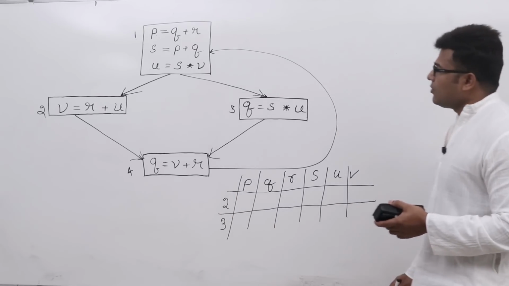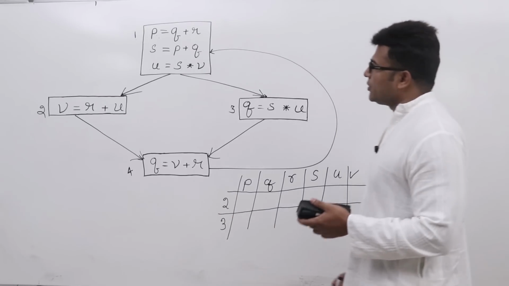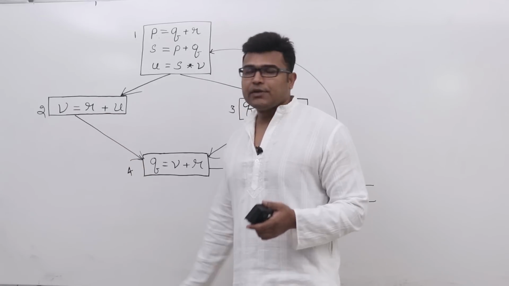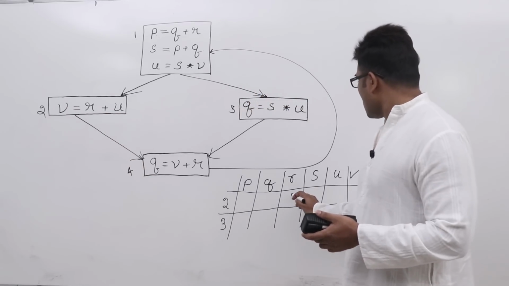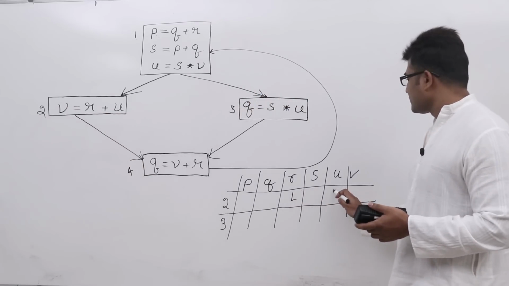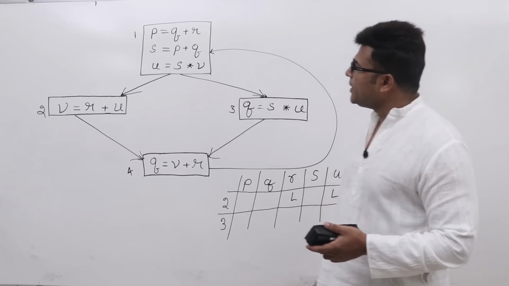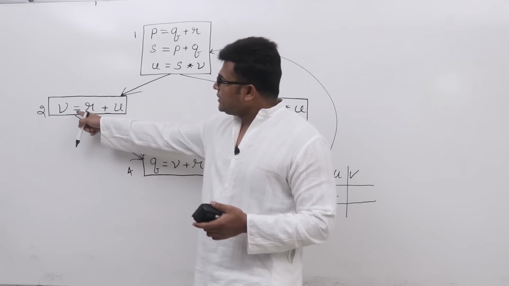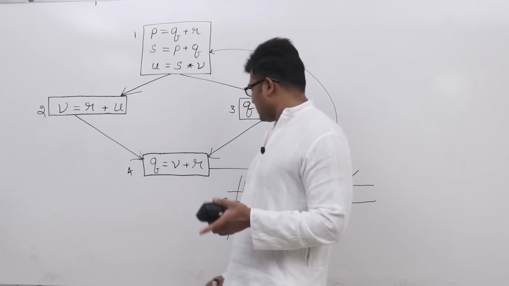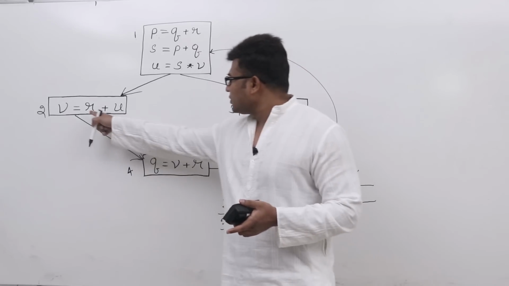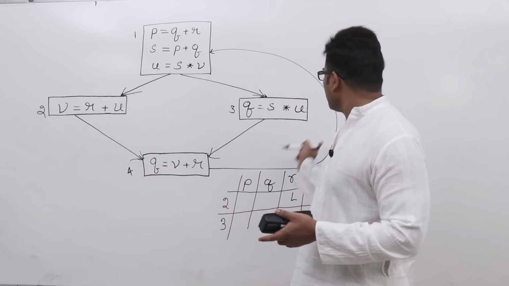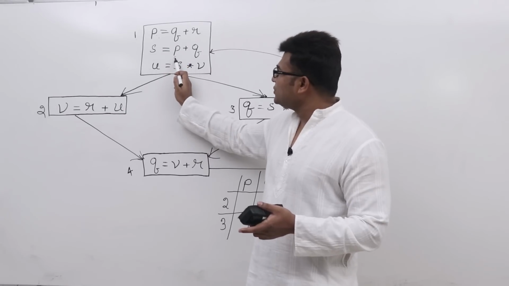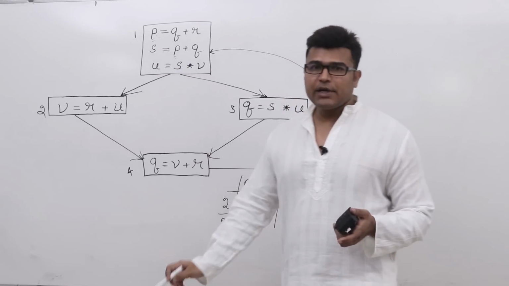Now let's look at basic block number 2. Clearly R and U are used, therefore they are live. Now what about P? Is this basic block 2 going to any statement where P is used? The flow is like this and like this. P is used here, but before this usage of P it is defined, that is why it is dead.